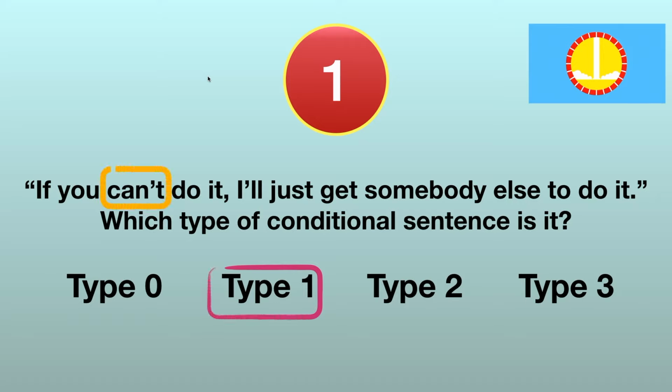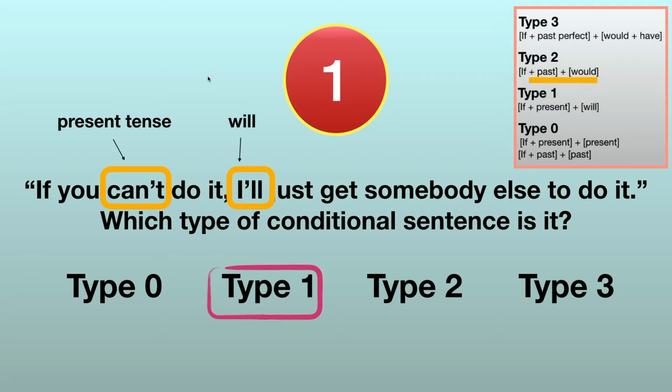You can see that in the first sentence, can't is in the present tense. And then in the next part, we have the short form of will. So that is type 1.